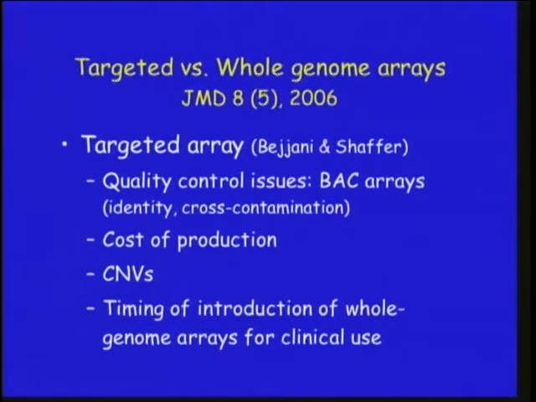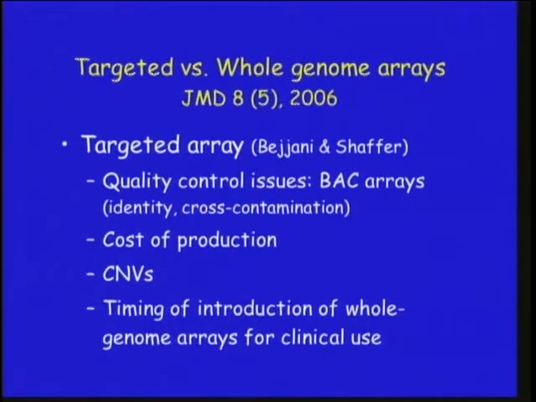However, on the flip side, Bajani and Schaefer, in their article that argues for the use of targeted arrays right now, point out that there are quality control issues with these very broad genome coverage arrays. So again, if you use a whole genome tiling array that's a BAC array, you need tens of thousands of clones.